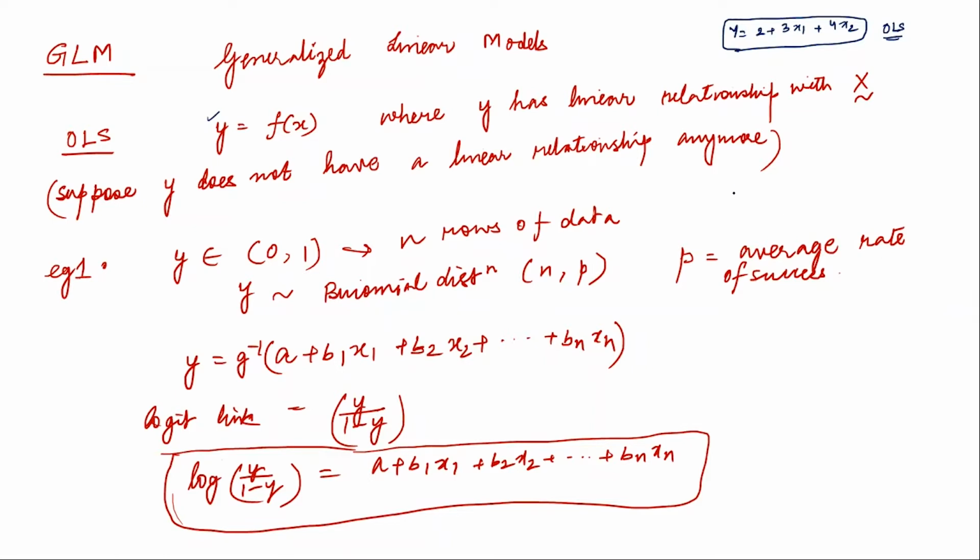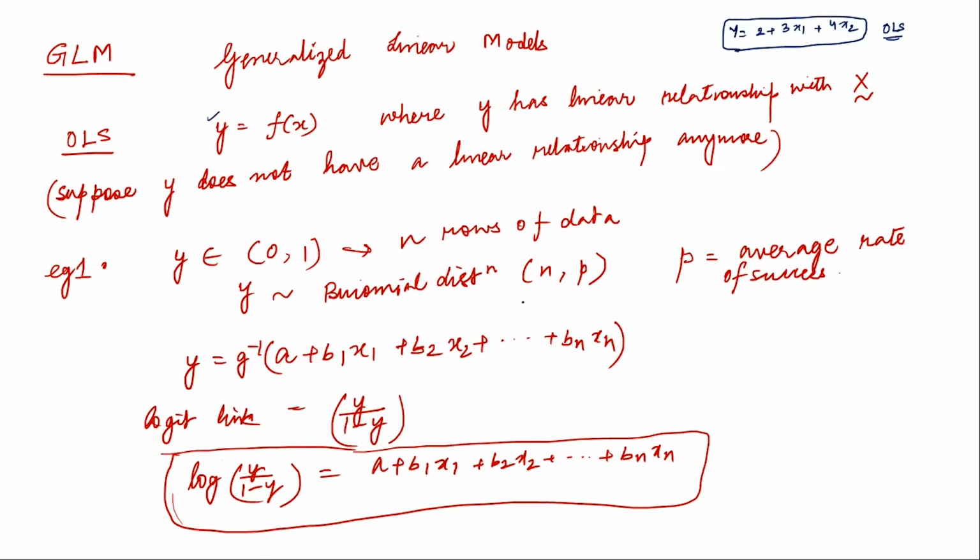Out of n rows of your data, you look at the number of rows where target equals 1 and the number of rows where target equals 0, and essentially calculate the percentage of rows where target is equal to 1. That becomes your probability of 1. So therefore, y belongs to a binomial distribution with parameters n and p.